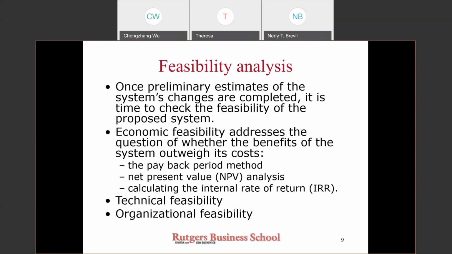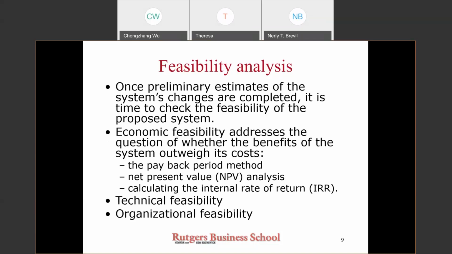At this stage, it is now necessary to determine whether the new system or the proposed system changes is feasible. Feasibility analysis is the third step in the system analysis process. There are a number of aspects of feasibility analysis.